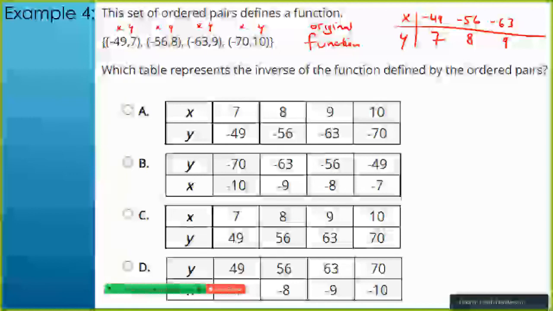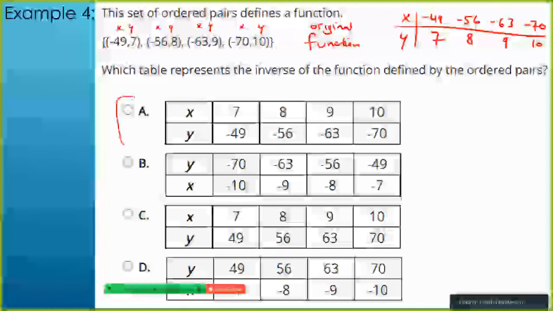And then finally, negative 70, 10. Okay, so all we got to do is compare our original function table above in red to those options below and see which one is a flipped version. So we should see like 7, 8, 9, 10 for x, negative 49, negative 56, etc. for y below it.